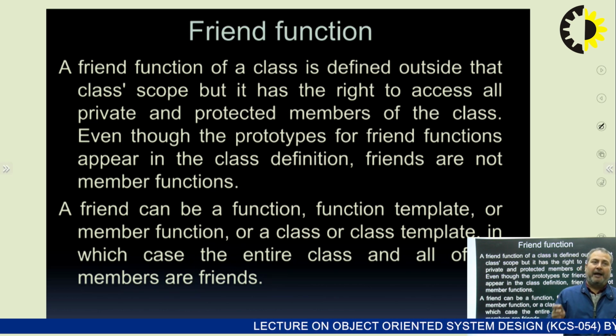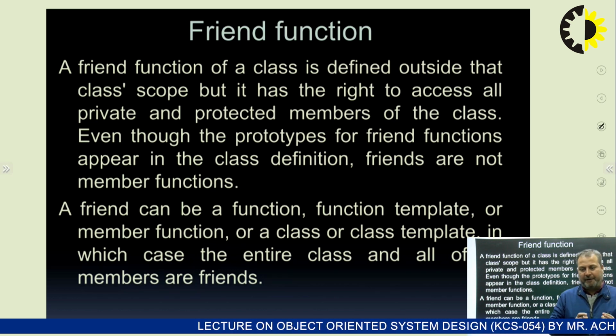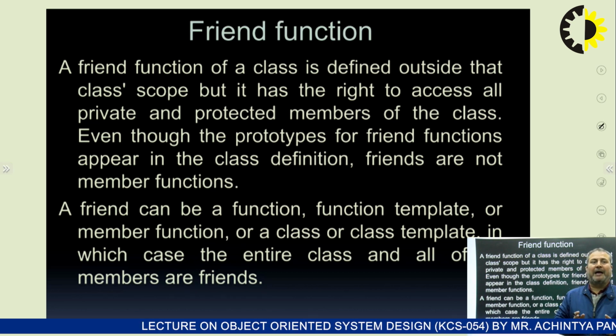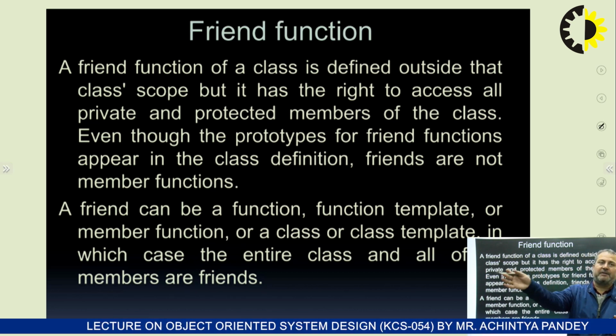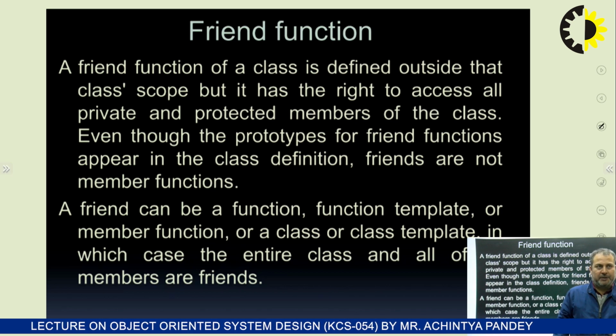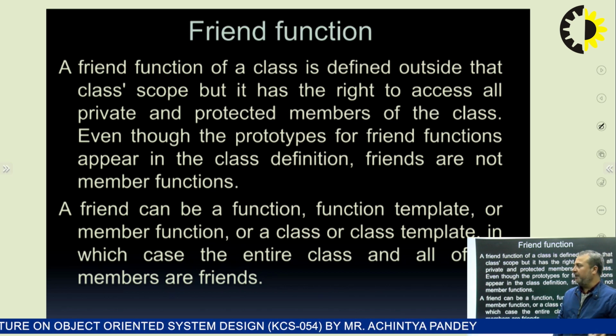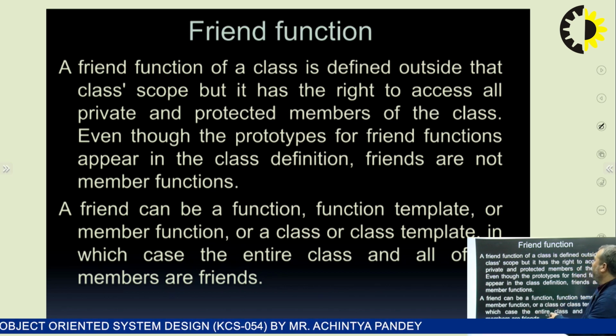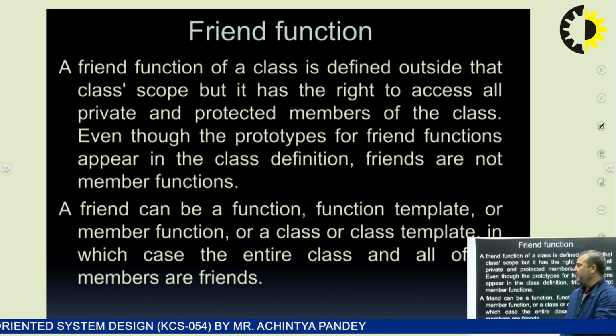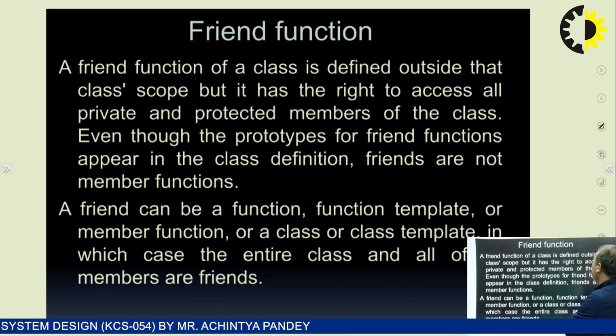But if there is a friend function, say a friend function of two classes, then that function can access the data of both classes. So we can make a function a friend function to get familiar with more than one class, right? We can do that in C++.